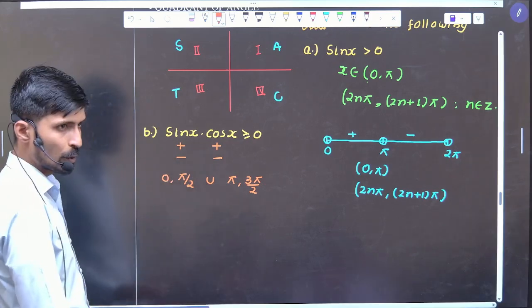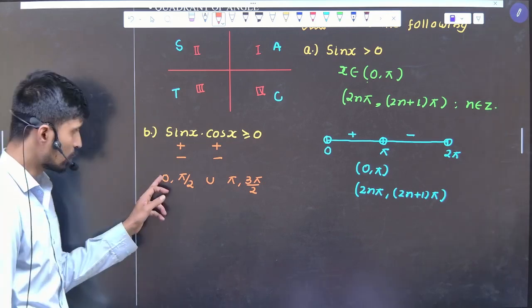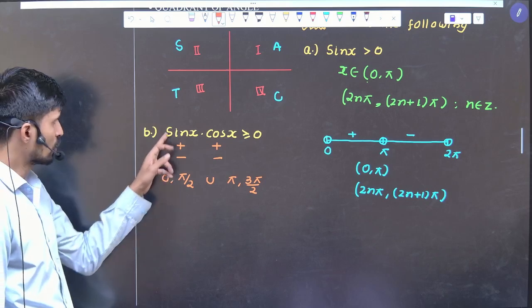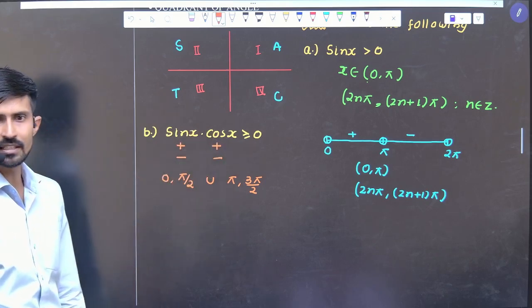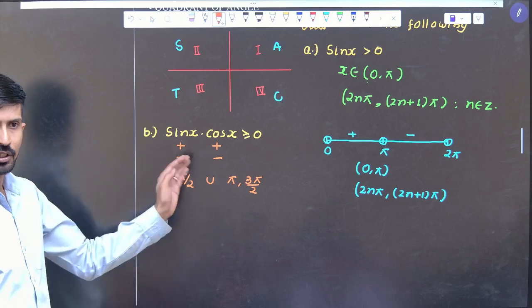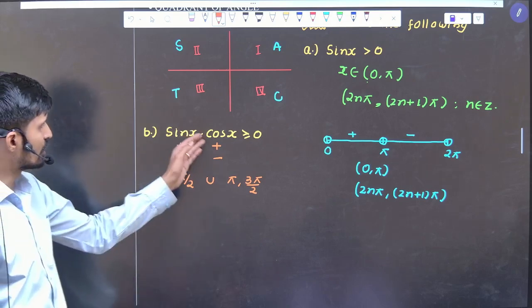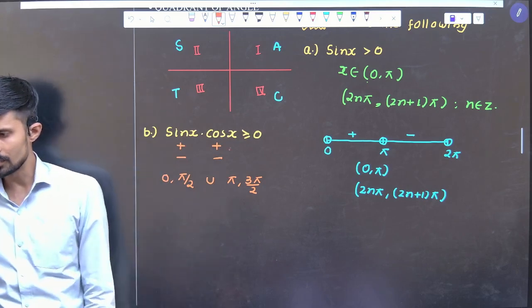Now open bracket, close bracket. What bracket we have to put? We have to know that. Tell me, if x is 0, sine 0 into cos 0. What is sine 0? 0. What is cos 0? 1. So 0 into 1, 0. Tell me, 0 greater than or equal to 0, true or false? True. So it means 0, close bracket.